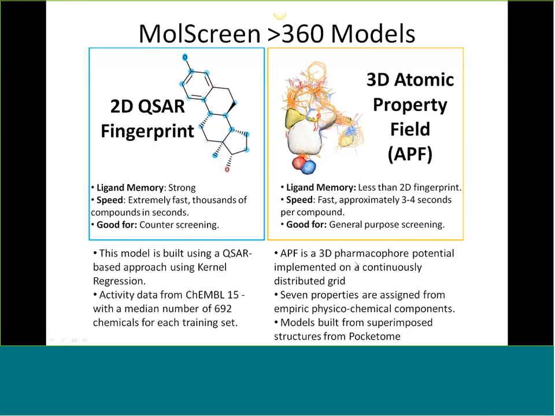So to run MolScreen, it's very straightforward. Let's go to an example here, the MolScreen example. So you would go to File, Open, and read in an SDF file with the compounds that you want to screen. You go to the Chemistry menu, and if you have ICM-VLS, you will have automatically included a series of models here.